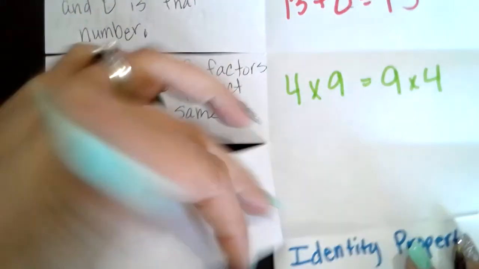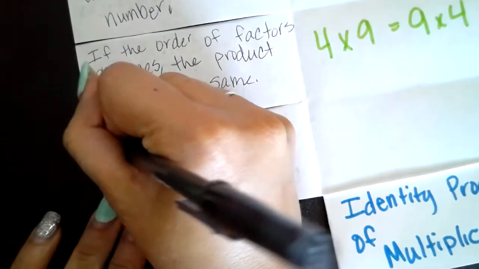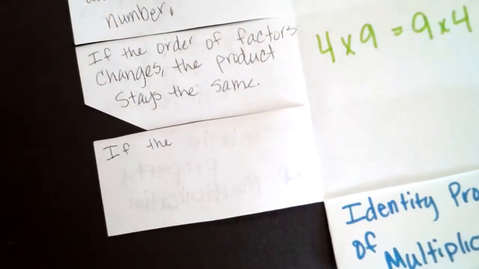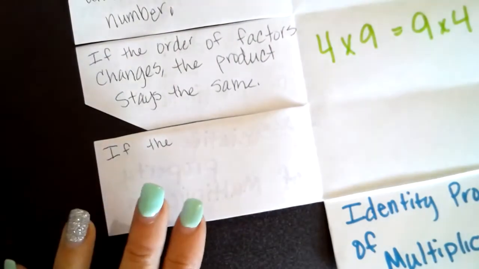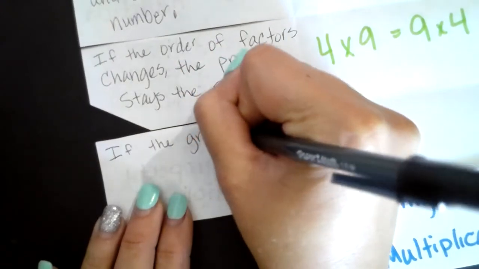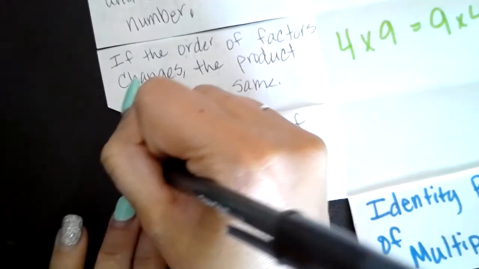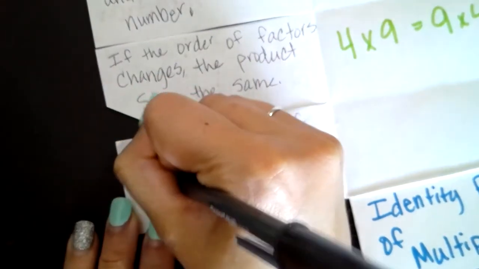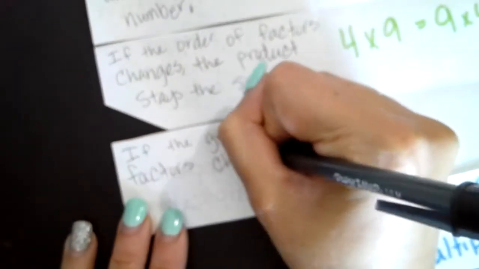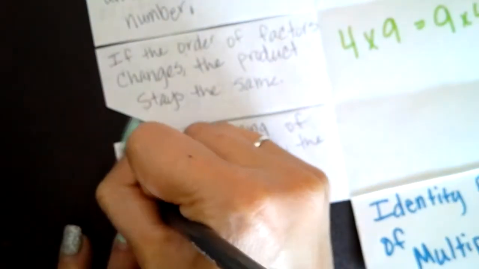Okay. Associative property of multiplication. That rule says if the grouping, so associative has the grouping symbols, okay? So remember that. If the grouping of factors changes, the product stays the same.